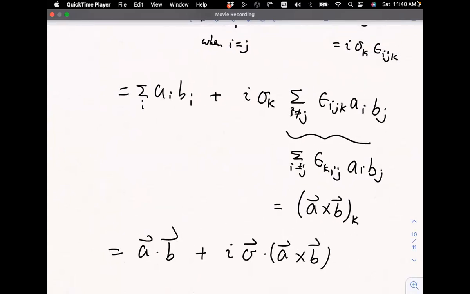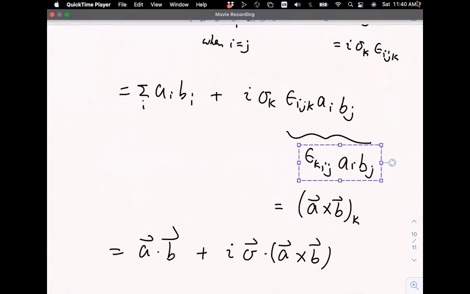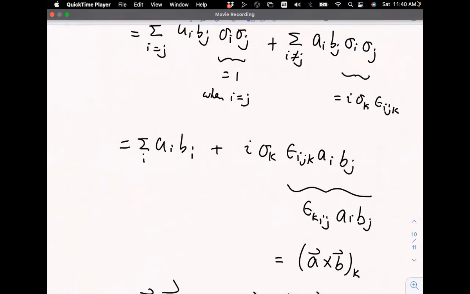Actually, in my notes, I didn't write this. I just used the Einstein summation. So overall, you need to sum over ijk.